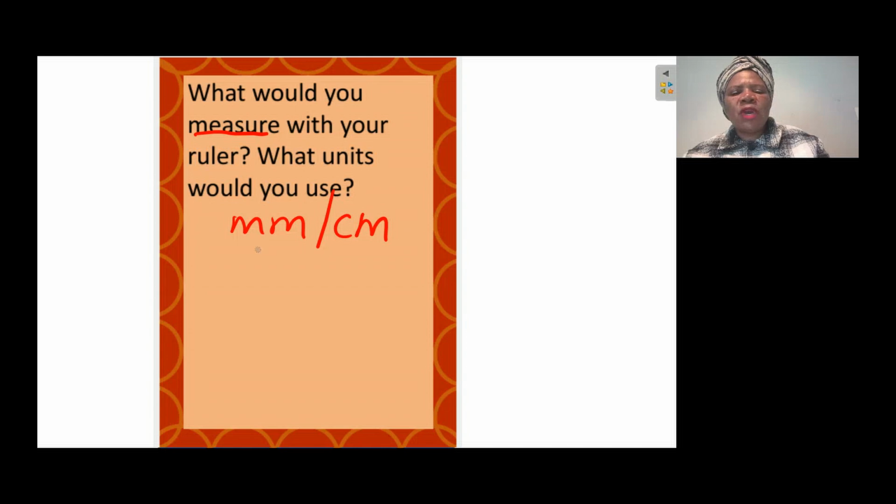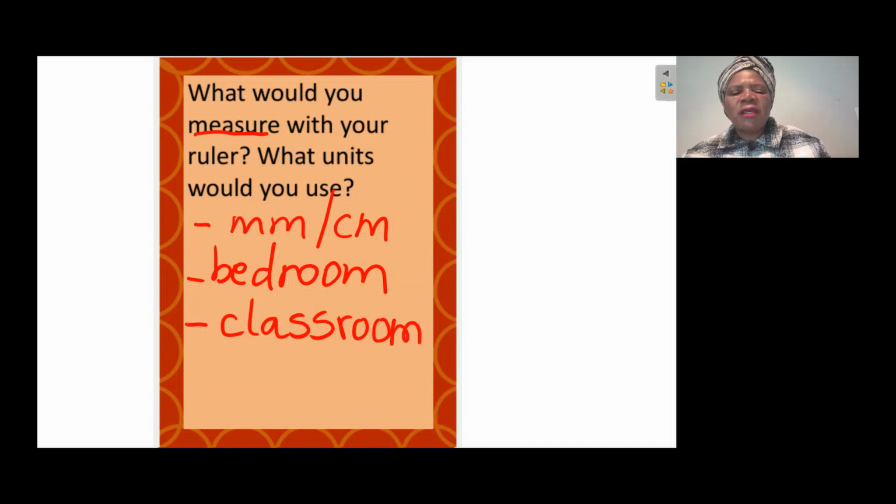You can look around in your bedroom for things that you can measure, or even around the classroom, like the height of a box, the cupboard, a pile of books, a pencil, a tin. You can find things to measure. The window, using your ruler.